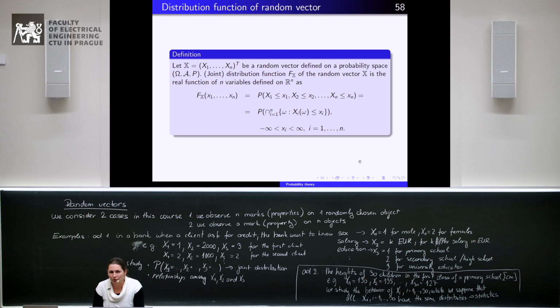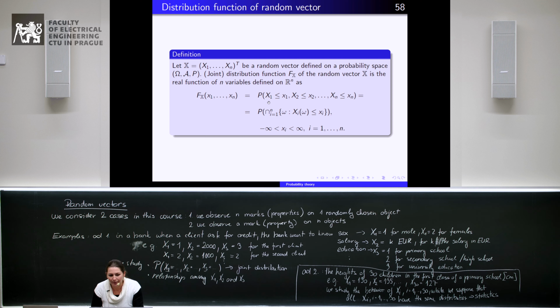And in the case of a random vector, the distribution function is a function of n variables, x1, x2, and so on till xn, where the formula for the definition of the distribution function is that it is the probability that the first random variable in the vector is less or equal to the first variable, the second one is less or equal to the second variable, and so on till the nth random variable is less or equal to variable xn.